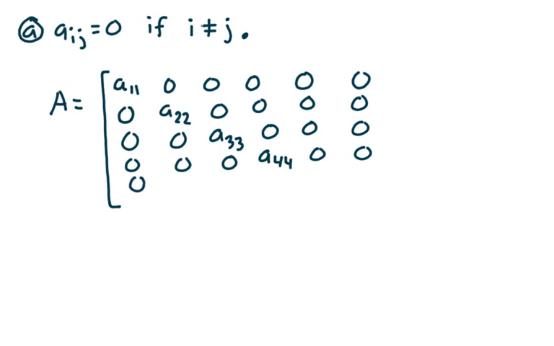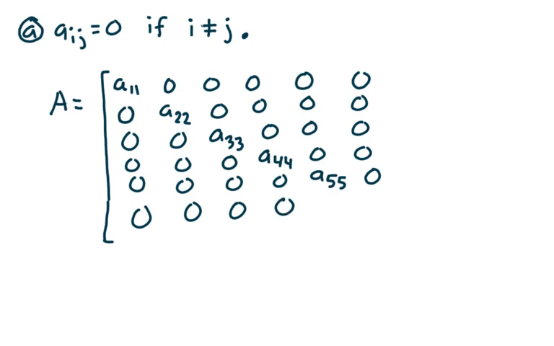Then I go 0, 0, 0, 0, A55, 0. And then I'm going to extend these brackets out a little tiny bit. And then I'm going to go 0, 0, 0, 0, 0, A66.